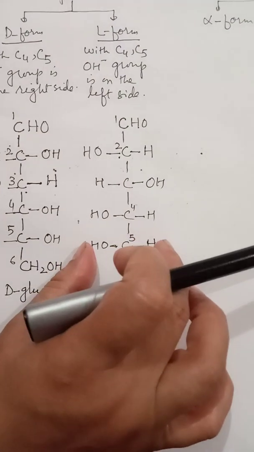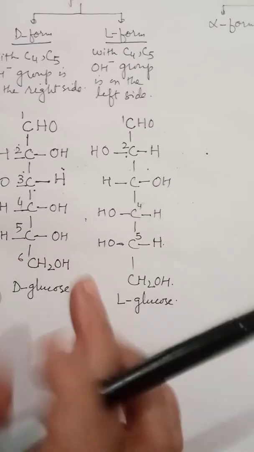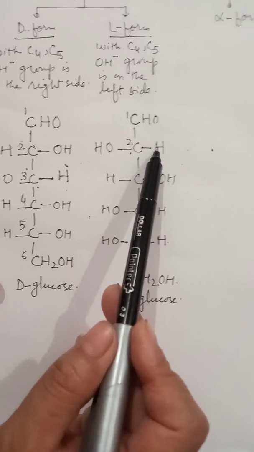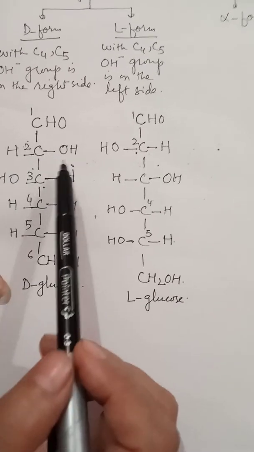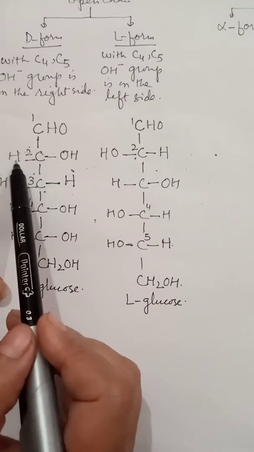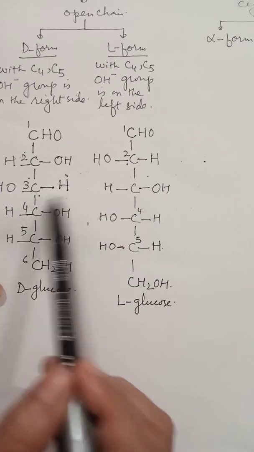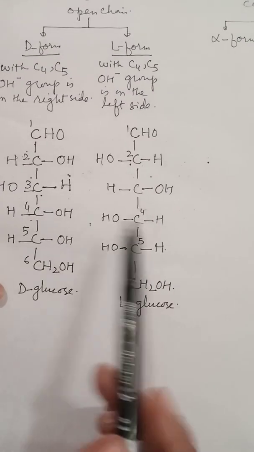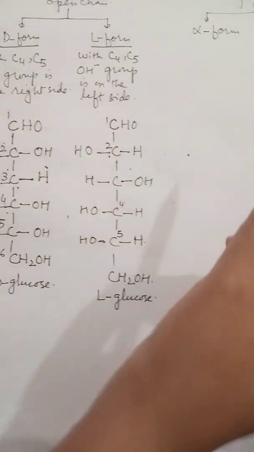If I take this one and put it on this molecule, D-glucose, then it will not give the same molecule. Here there will be hydrogen, and if I put it on it, here is the hydroxyl group. That's why we say they are non-superimposable, and enantiomers are non-superimposable stereoisomers.